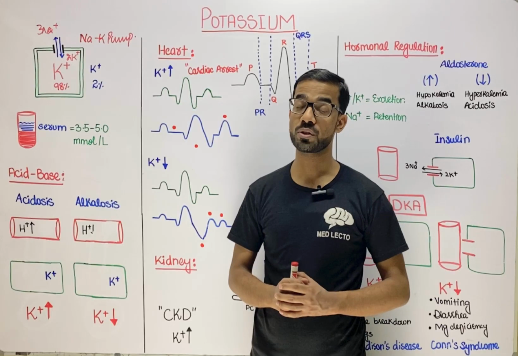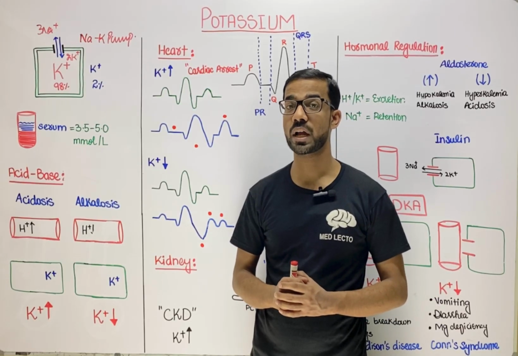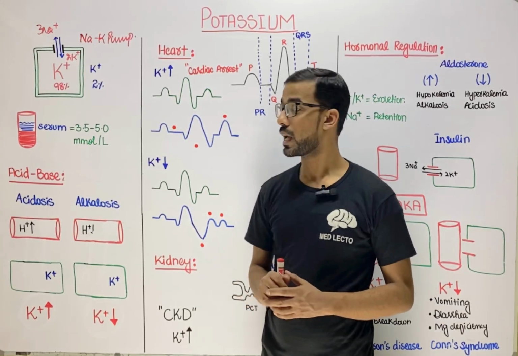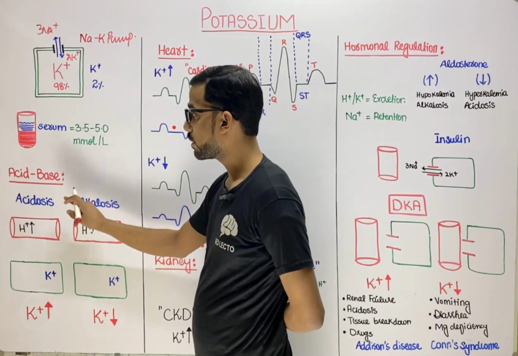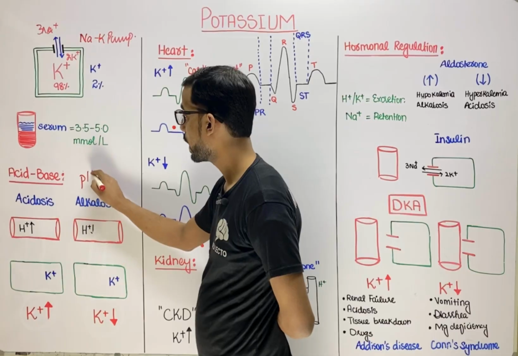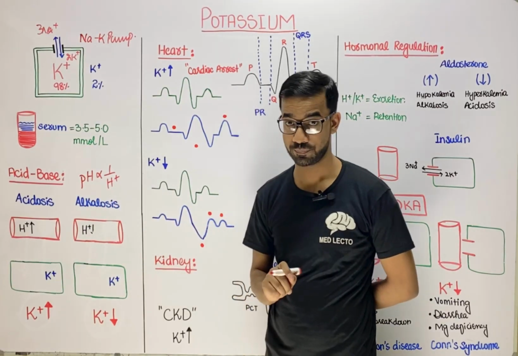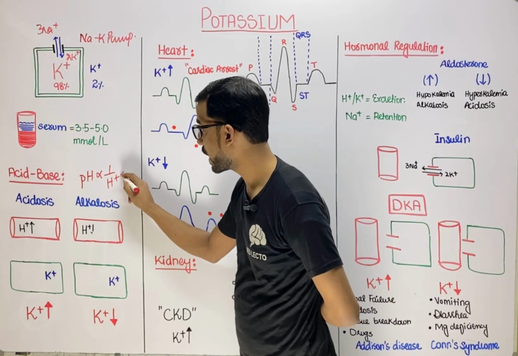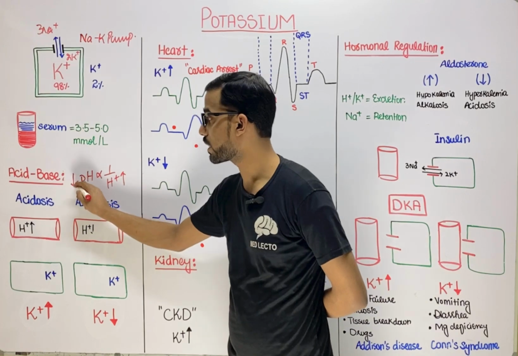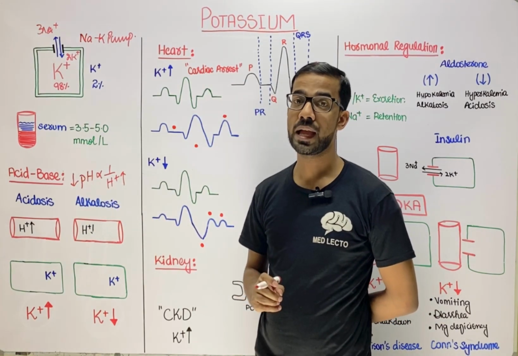So you see, the most important thing in acidosis, the H positive hydrogen ion concentration starts increasing in your blood. And before discussing the acidosis, you have to understand, the pH is inversely proportional to the concentration of the H positive ion. When the concentration of the H positive ion starts increasing, the pH starts decreasing, and decrease in pH goes towards the acidosis.